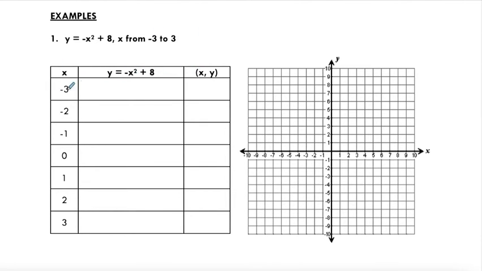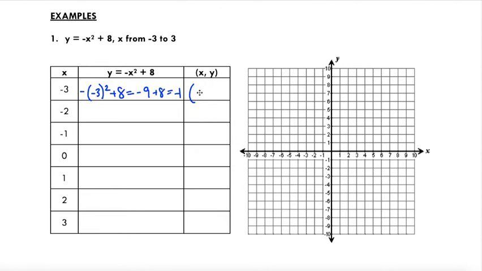So we're still going to take our x value and we're going to substitute it into our equation and solve for our y. So for this one, it'll be negative and then -3 squared plus 8, which gives us -3 squared is 9, but we have a negative in front of that, so -9 plus 8, which is -1.